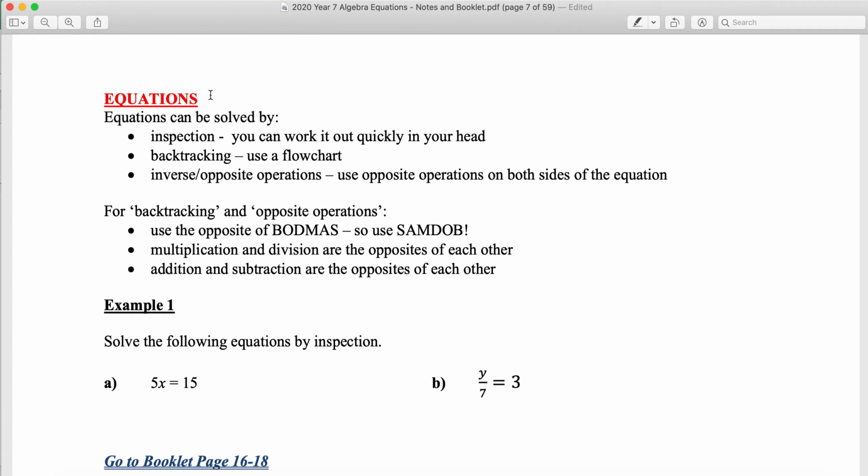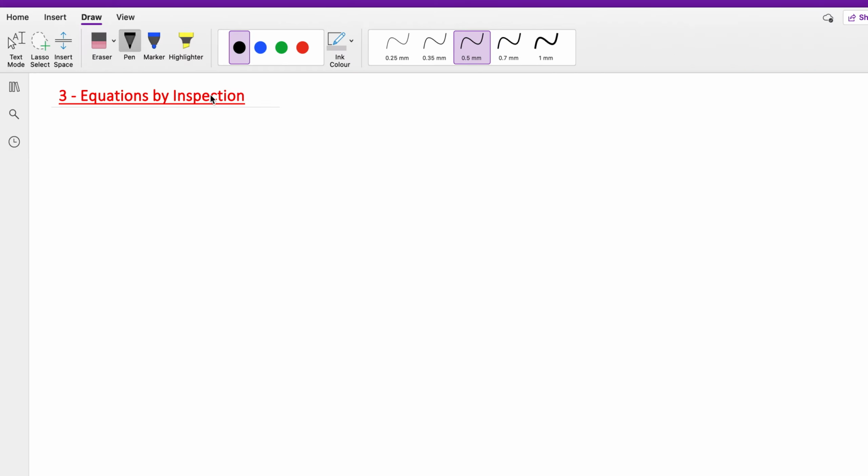Equations, we already know what an equation is. So let's just remember that an equation is an expression that is equal to another expression.